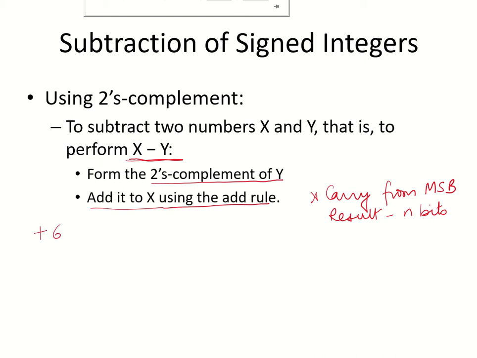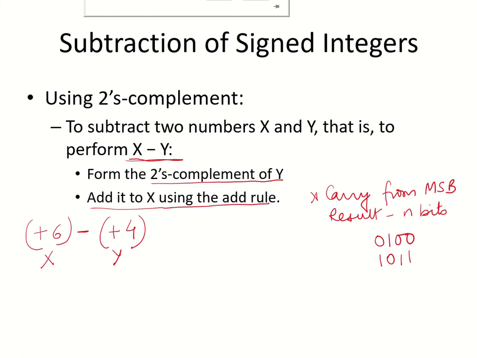Let us take an example. Plus 6 minus plus 4. This is x and this is y. So we have to take the 2's complement of y. That means we have to take the 2's complement of plus 4. This is plus 4.